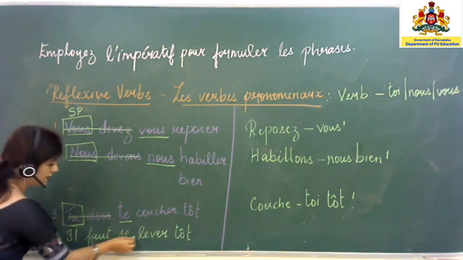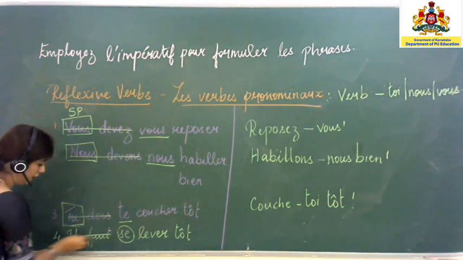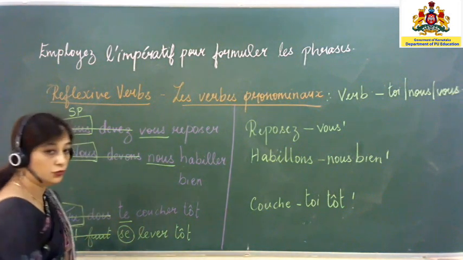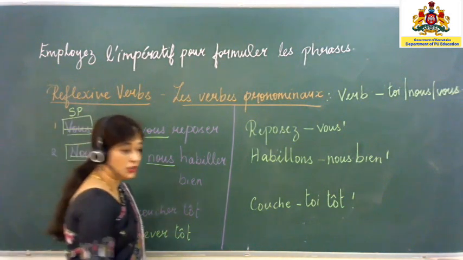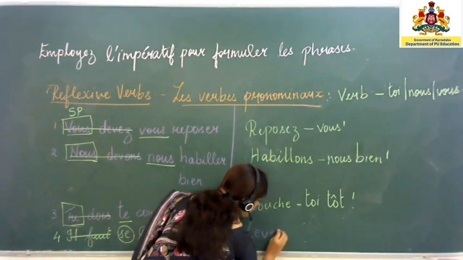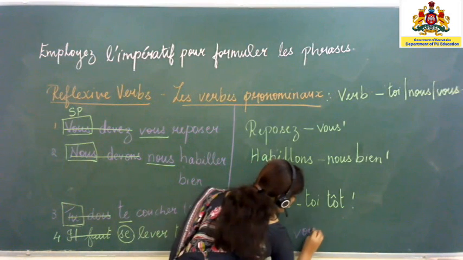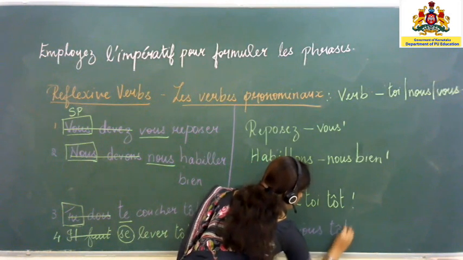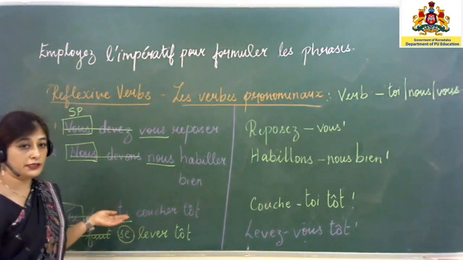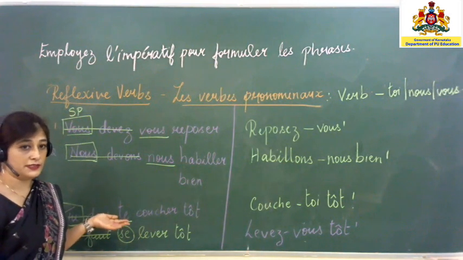So the "il" tells me it is a reflexive verb. Il faut gets removed. Now when you change it, since tu, nous and vous is not given, you will change according to the vous form. So it will become Levez-vous tôt. So I hope you have understood how to write a reflexive positive sentence.